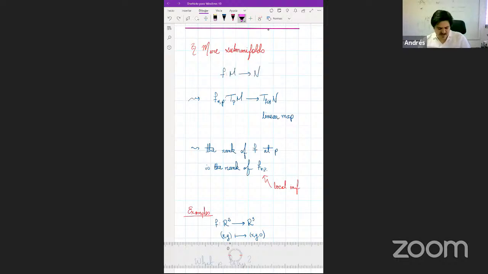So let's consider a map between R2 and R3. A very basic function is just putting the plane in the XY plane in R3. That's my function f. R2 inside R3 at level 0.